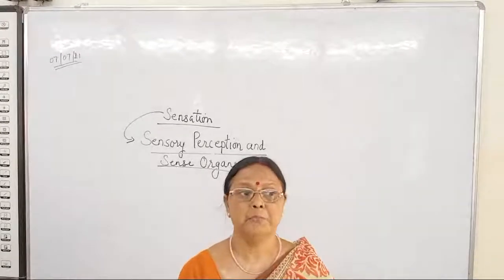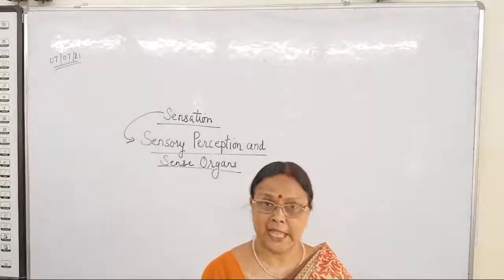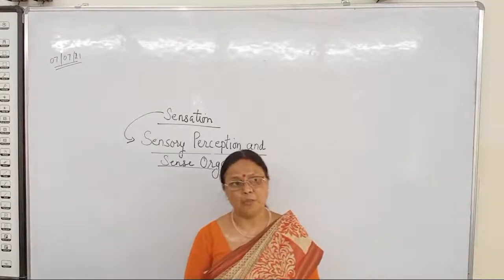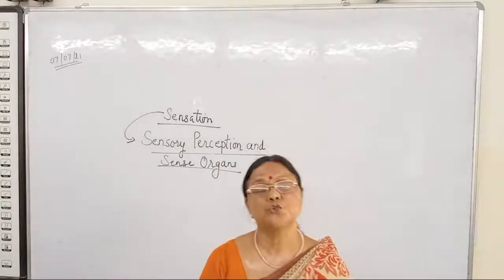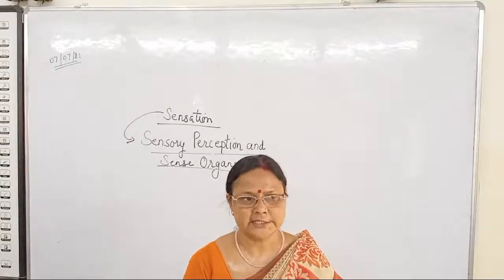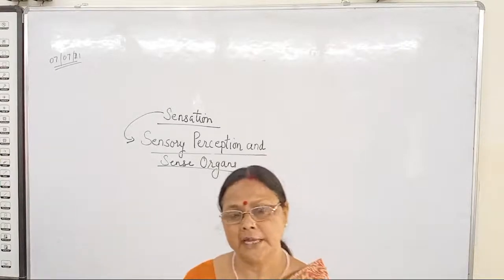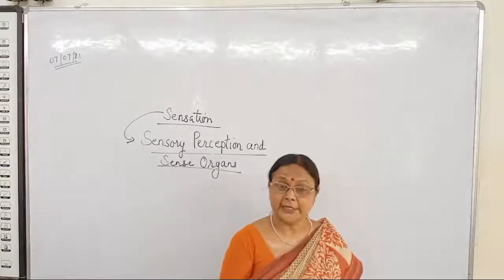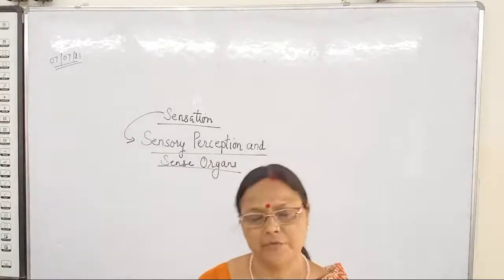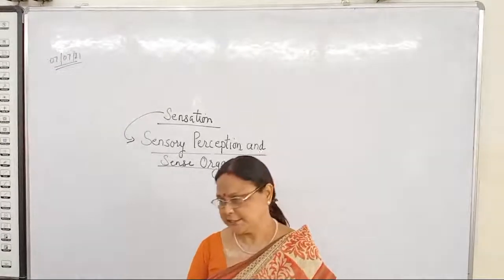So it is very important that sensory perception should be there, so that the animal or the human being is well informed, and the message goes to the brain. It may be a temperature change, or anything else, that should be informed to the brain, so that the animal or the human can act accordingly and save itself. It is also required for various functions. So sensory perception is very much necessary.